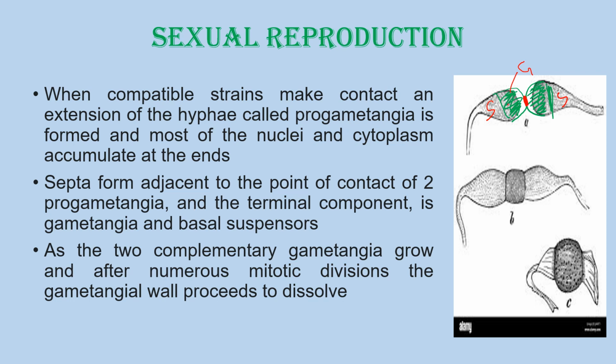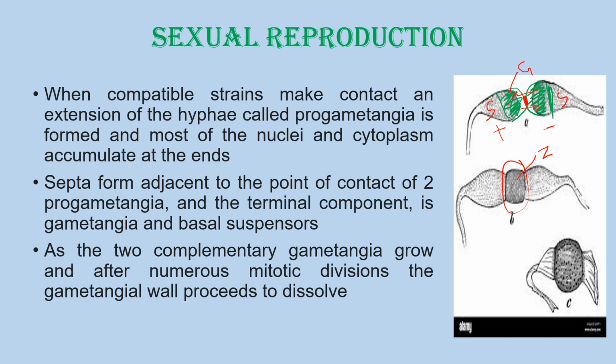And once they dissolve, plasmogamy occurs first, which means that the protoplasmic content of this gametangia, say this is the positive strain, this is the negative strain, mix and form this structure called the zygospore.